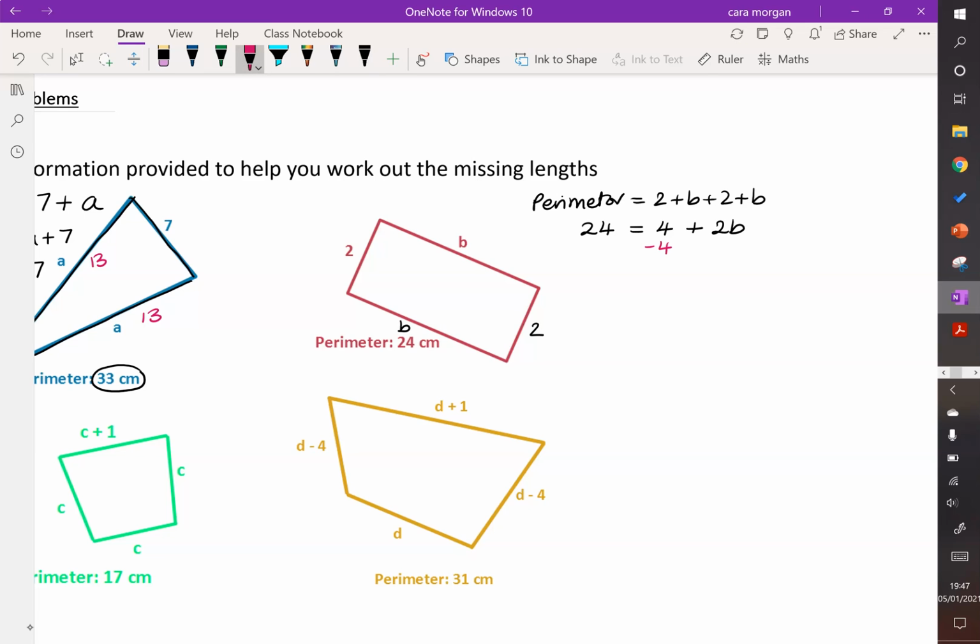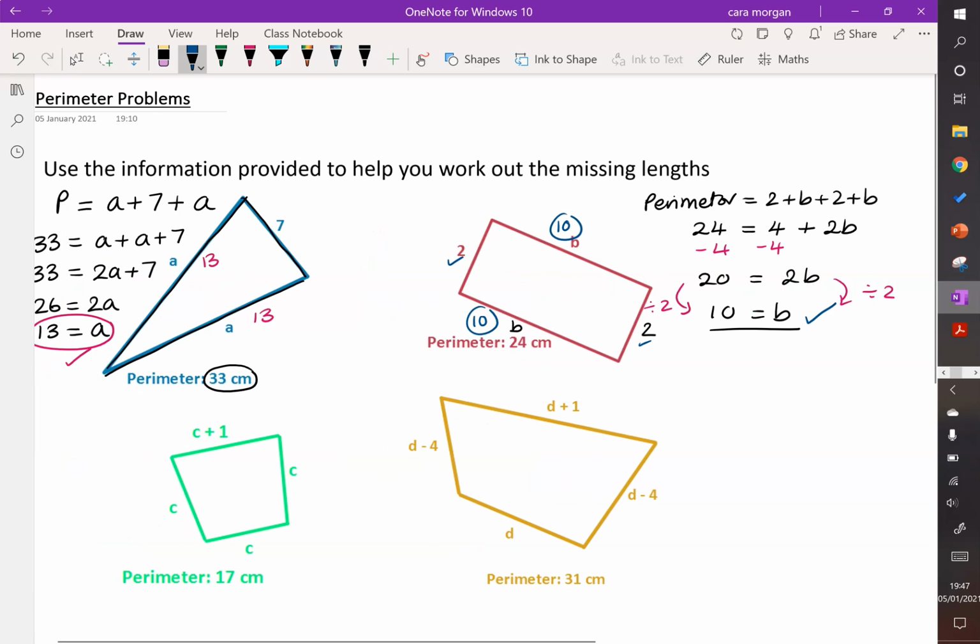I'd want to subtract 4 from both sides. I'd have 20 is 2B, and divide both sides by 2. And then I have 10 is B. I'm just going to check. If I had a 10 there and a 10 there, that would be 20, 22, 24. Yes, it works.